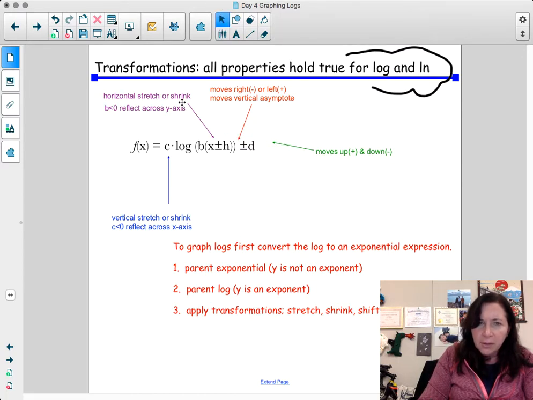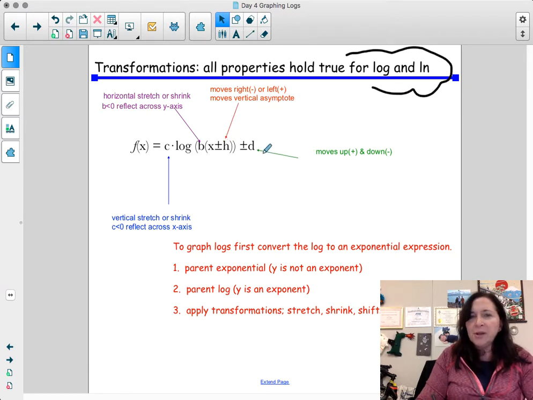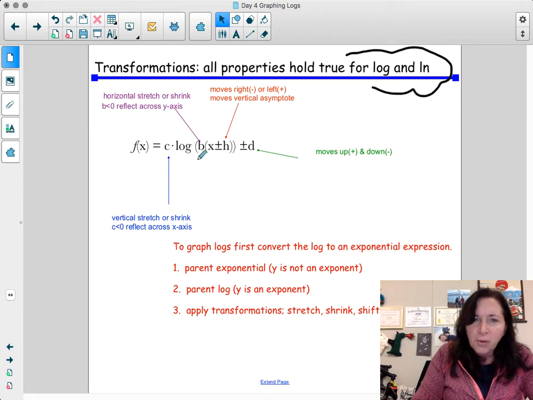These are off a little bit. That there is my horizontal shrink. That's my B. And this one moves it right or left, and this one moves it up or down. There we go. So my horizontal stretch or shrink is this B value in front.